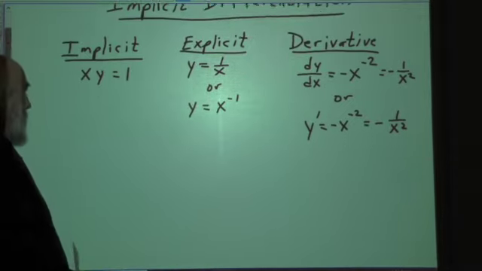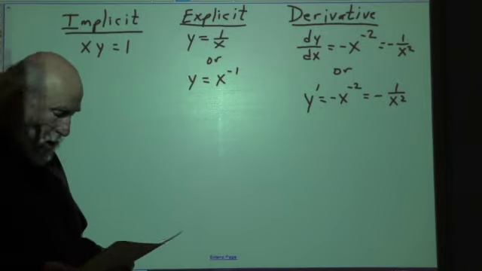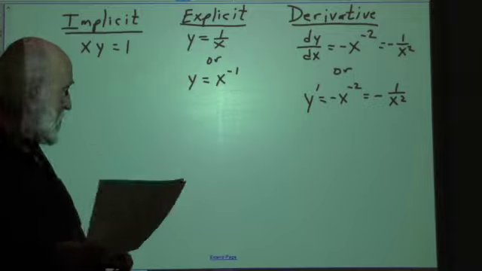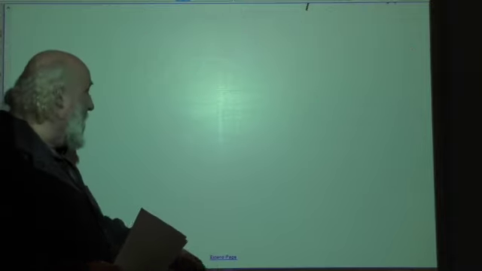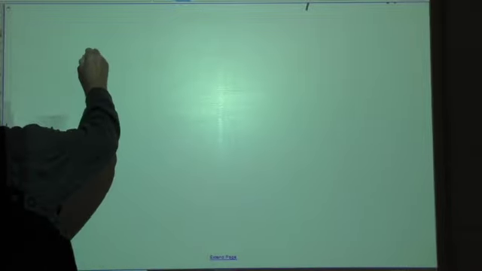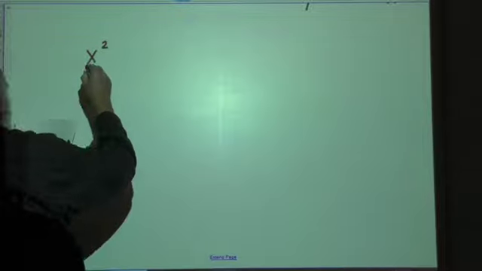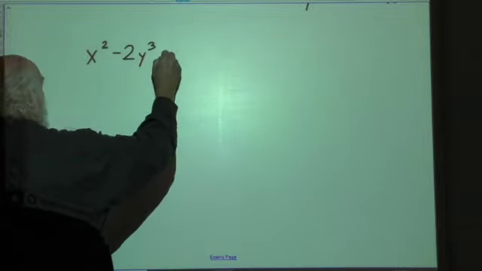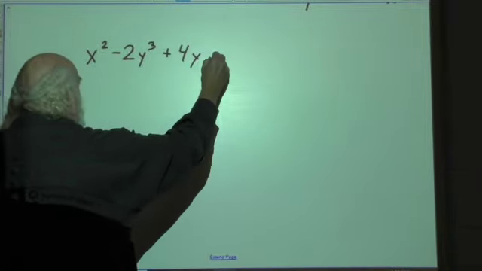So let's go to page 146, and well, before we do that, let's take a look at an example of how we would use that. Suppose we have this implicit equation, x squared minus 2y cubed plus 4y equals 2.